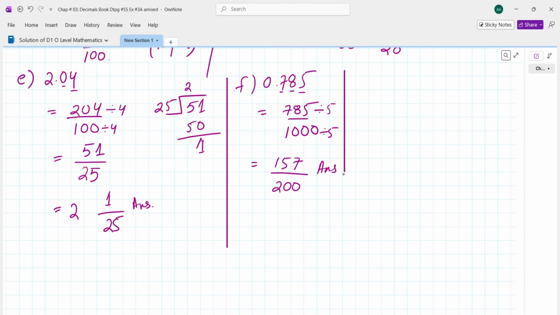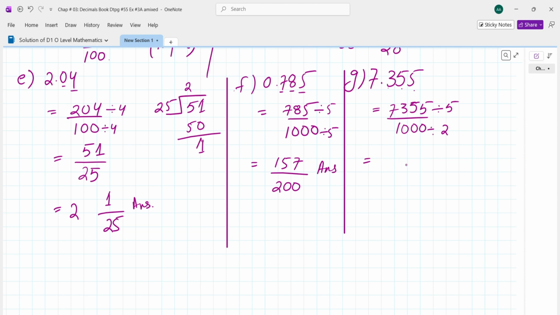After that we have part G, the value is 7.355. As we already know, if we have three digits, we multiply by 1000 and the denominator will be 1000. Another thing is that we have a common factor, 5, so we divide by 5.